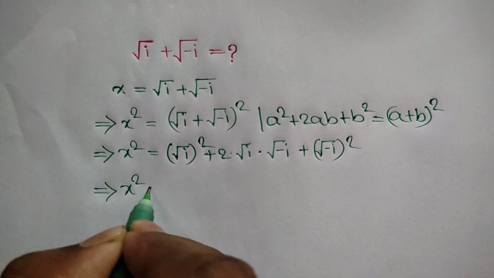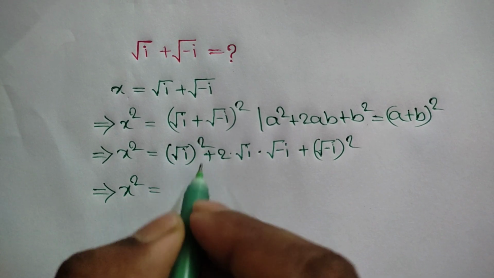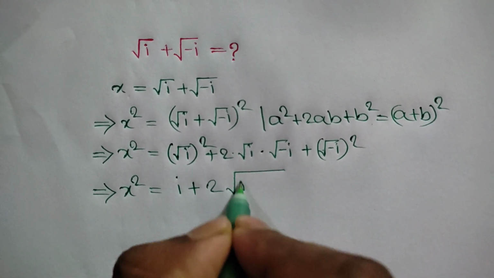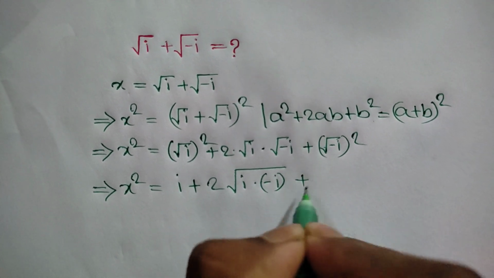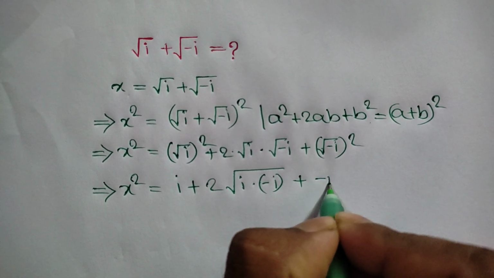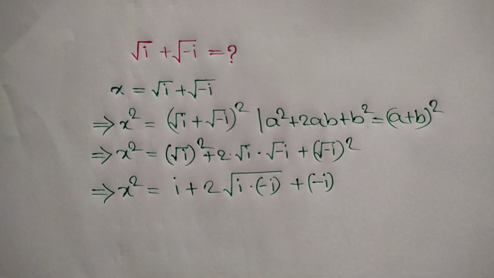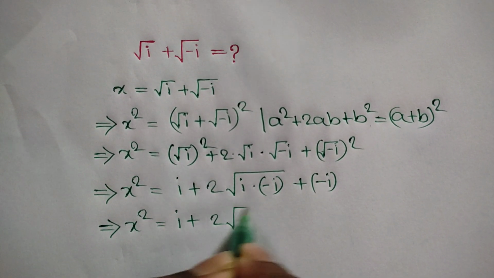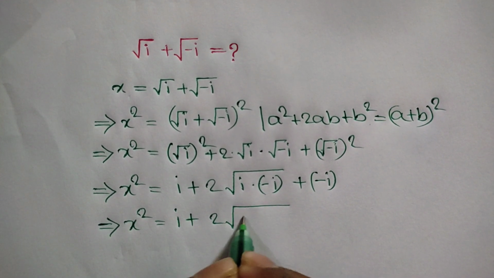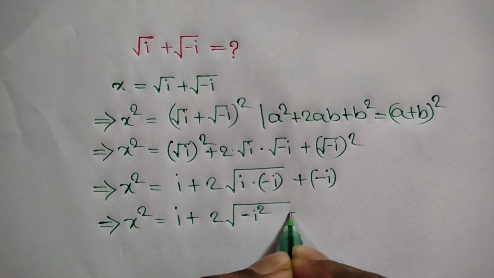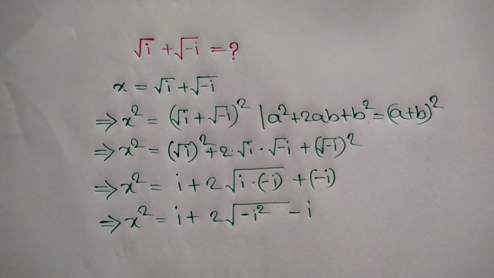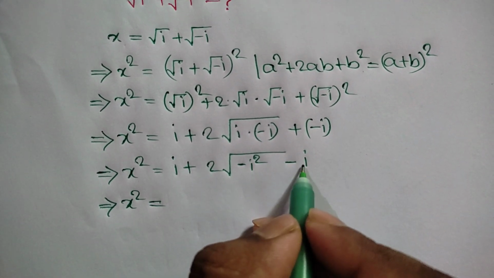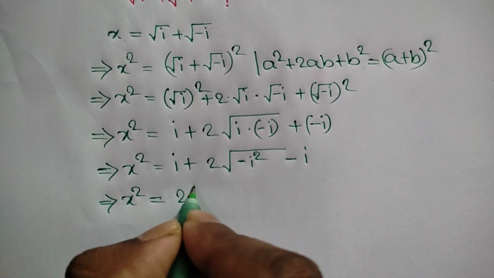or x square is equal to, this square root cancels out this square, so it will remain i, plus here we can write 2 square root of i times negative i, plus here we will get negative i, or x square is equal to i plus 2 square root of, here we will get negative i square, plus or minus it will be negative i, or x square is equal to this i cancels out this i, so here we will get 2.